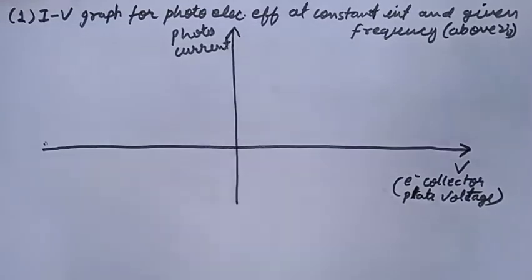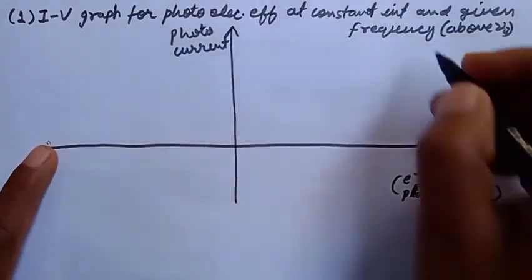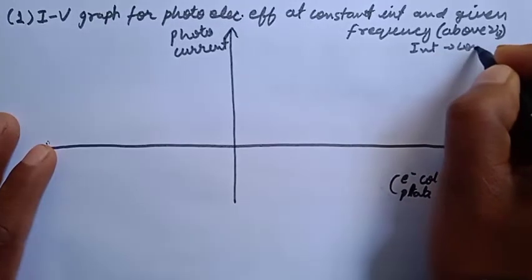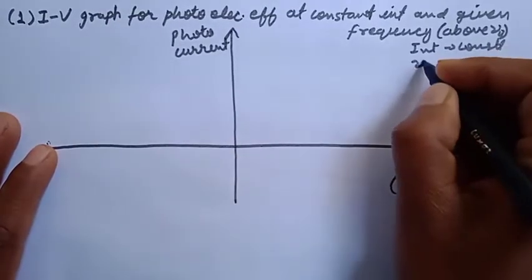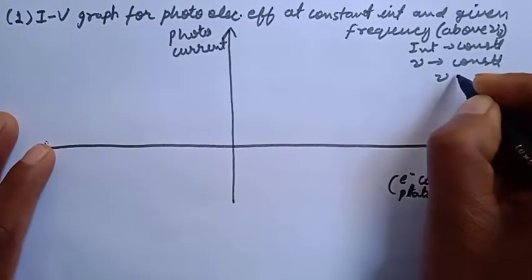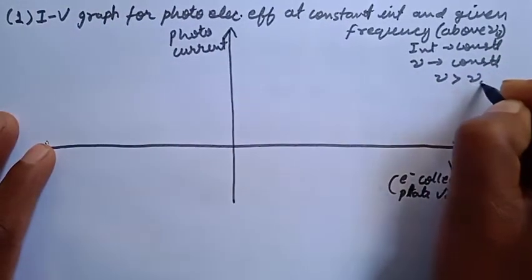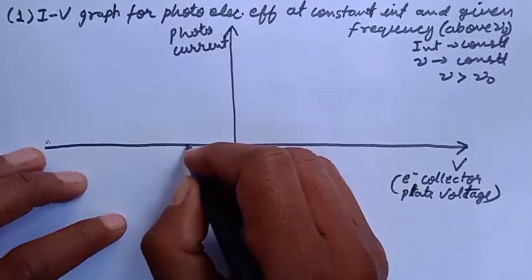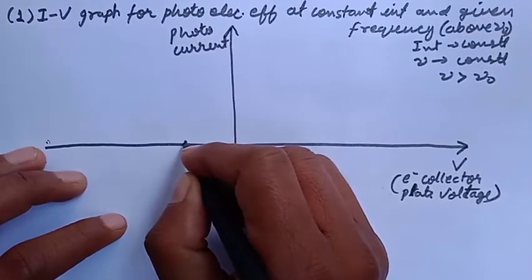Keeping intensity constant, frequency constant, and frequency greater than nu naught, these are the specifications. On the basis of that, we are going to draw this graph. So the graph goes like this.